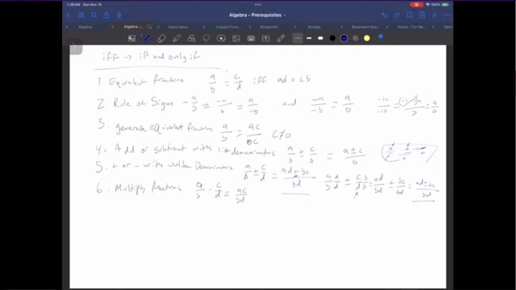So let's say an easy one. What is 2 divided by 2? It's 1. So I have 1/2 times 2 divided by 1. It's the same thing as 1 times 2 over 2 times 1, which is 1.